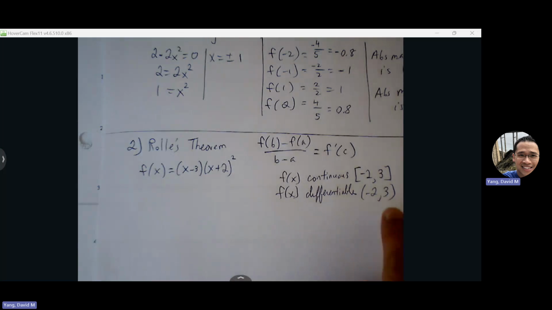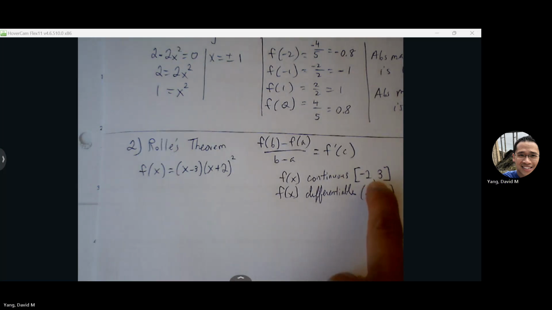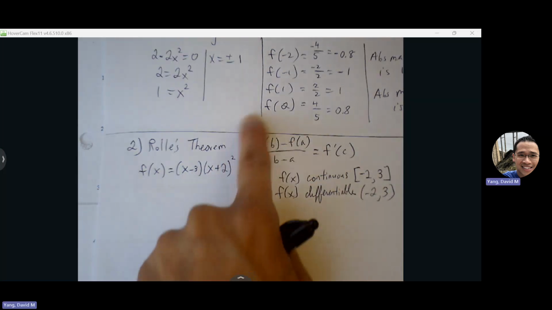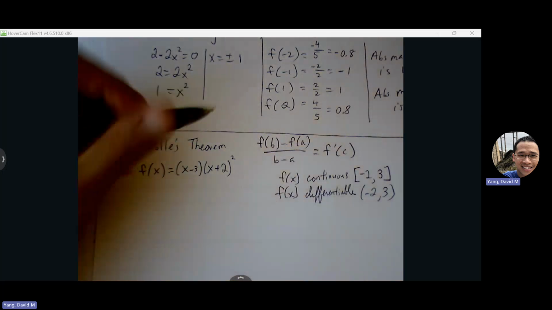First things first, let's find our endpoints. So we can confirm that this piece ends up giving us a slope of 0.